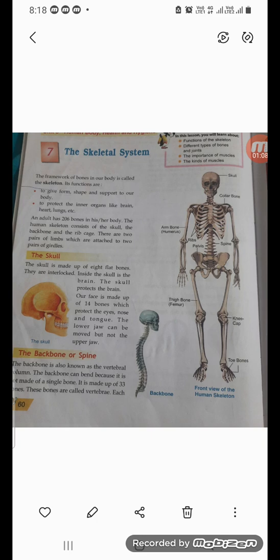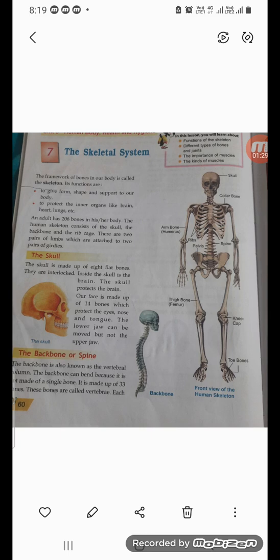So the function of the skeleton is to give form, shape and support to our body. You cannot stand without the skeletal system. Then next, it protects the inner organs. If you fall down, you get a jerk, these bones are protecting you.